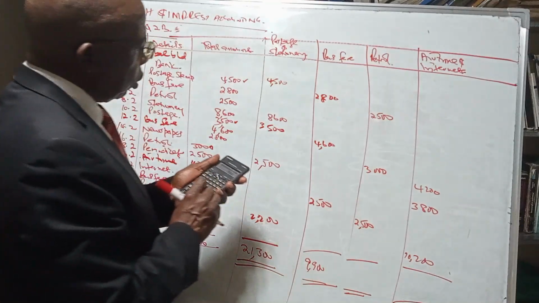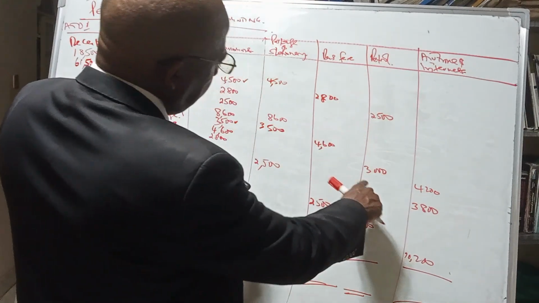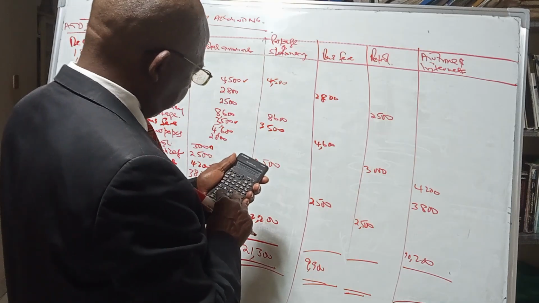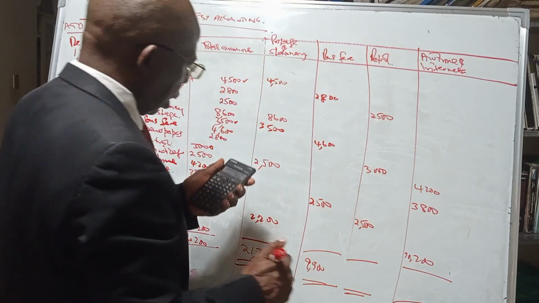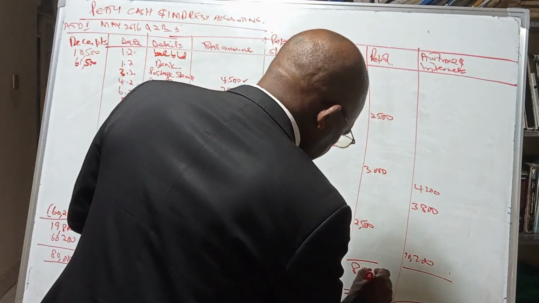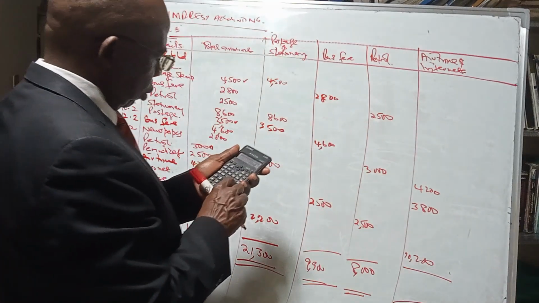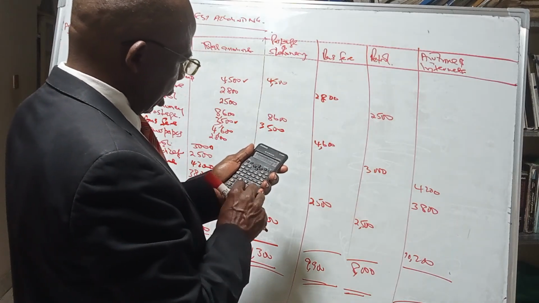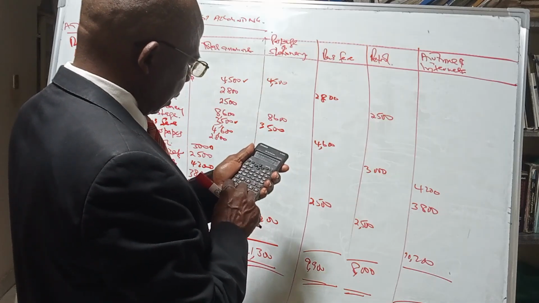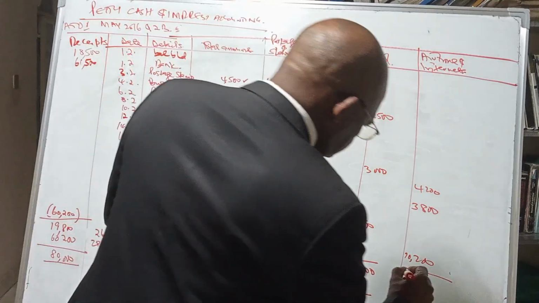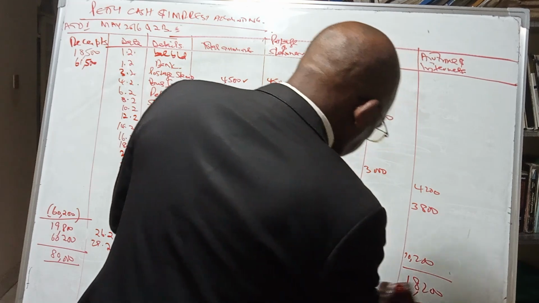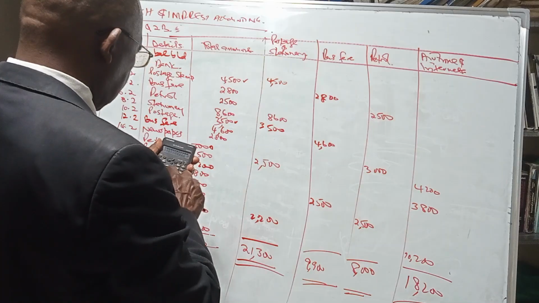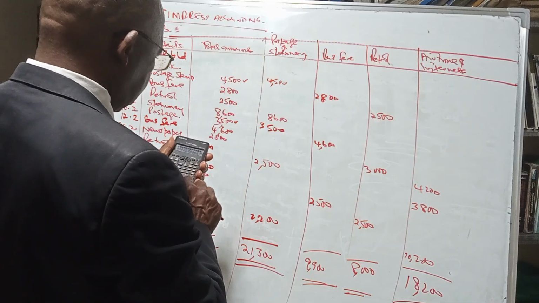And then petrol, 5,500 plus 2,500, 8,000. Then we get 4,200 plus 3,800 plus 10,200. We get a figure of 18,200.